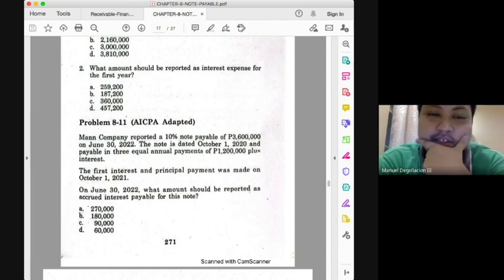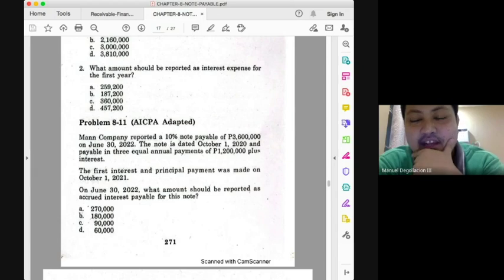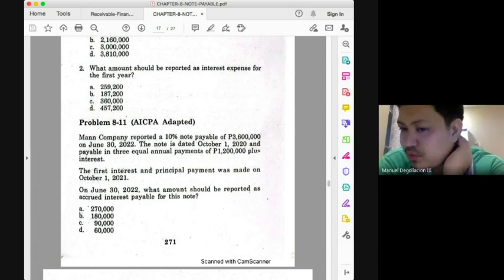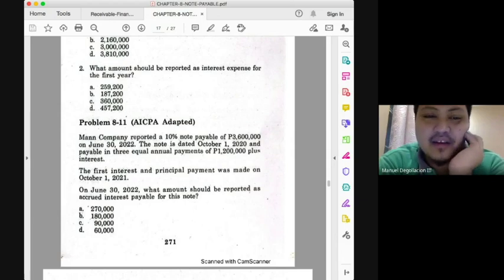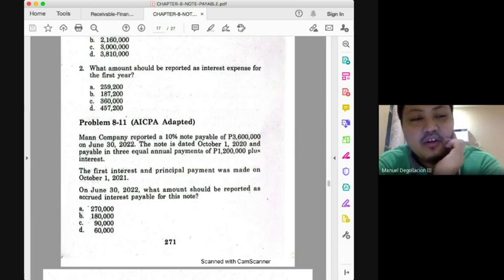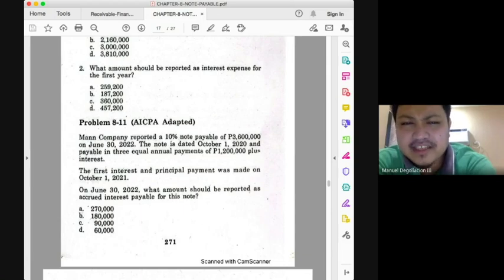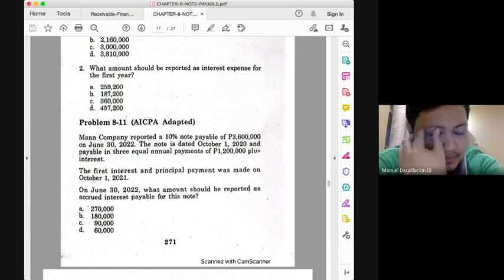As we have determined earlier, the interest earned from October 1, 2020 to October 1, 2021 was 360,000. So the total payment on October 1, 2021 is 1,560,000. That is 1,200,000 plus 360,000.